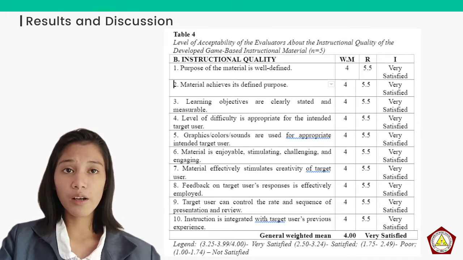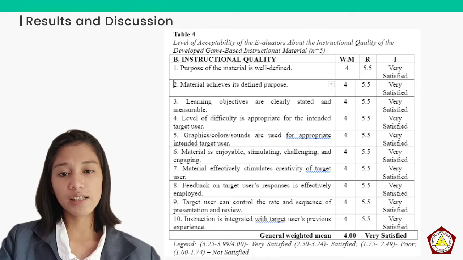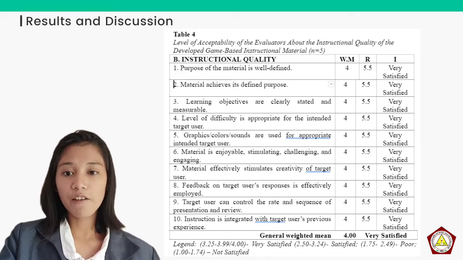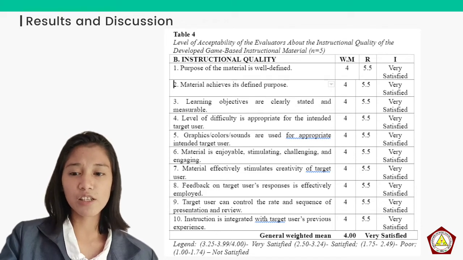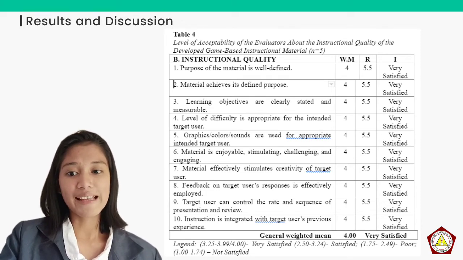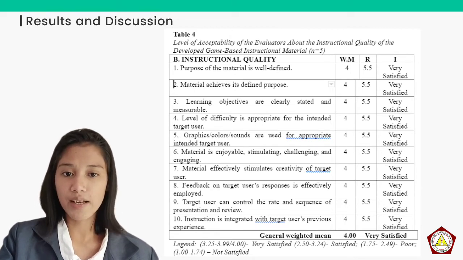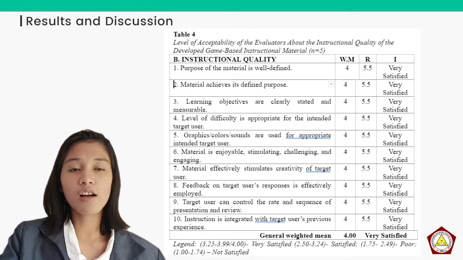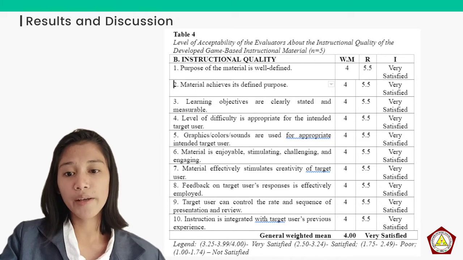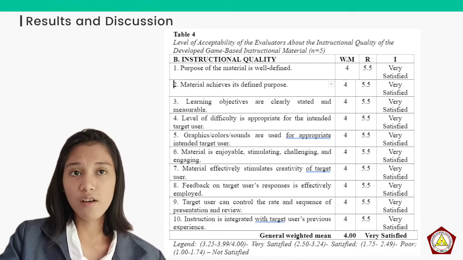Material is enjoyable, stimulating, challenging, and engaging. Material effectively stimulates creativity of target user. Feedback on the target user's responses is effectively employed. Target user can control the rate and sequence of representation and review. And instruction is integrated with target user's previous experience. As you can see, they are all very satisfied, and the general weighted mean is 4, which is also very satisfied.